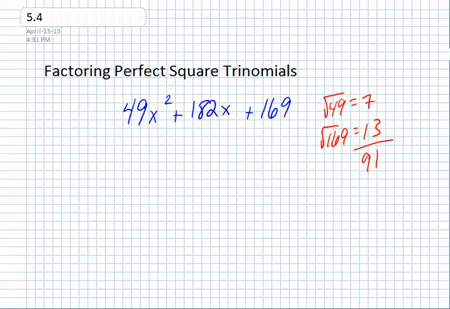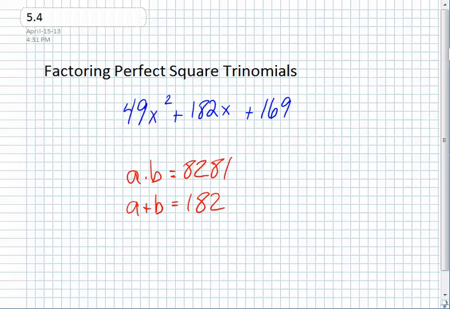So being able to recognize what those relationships are eliminates you having to go through and do all those ridiculous steps. Can you imagine for this right here, trying to find two magic numbers? This is what you would have to do if you don't do it this way. If you don't know the shortcut here, you would have to look for two numbers that multiply to give you 8,281 and add to give 182.